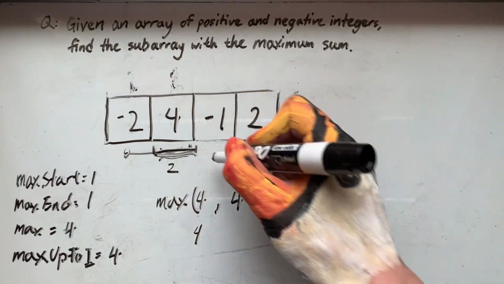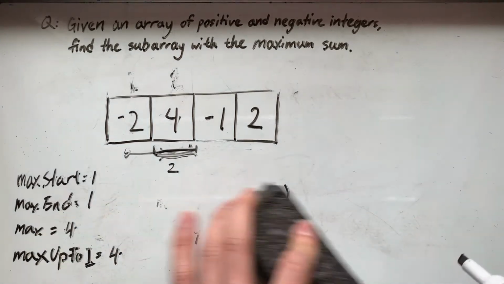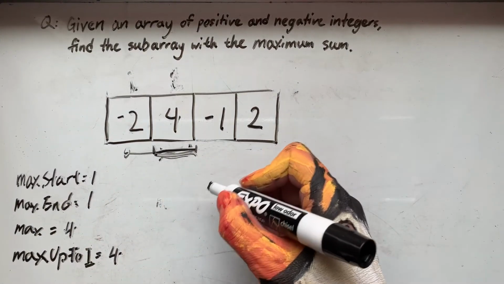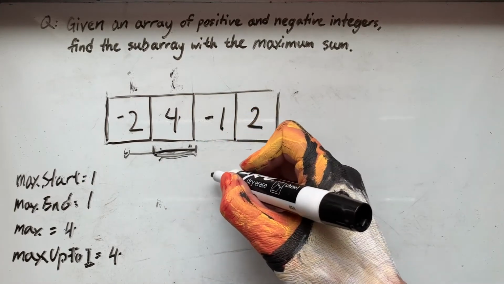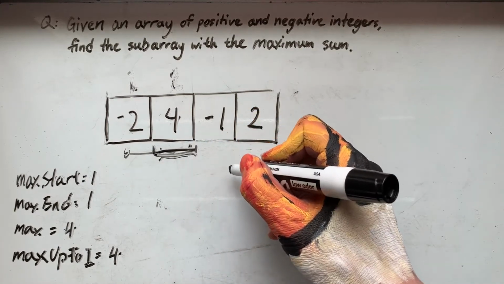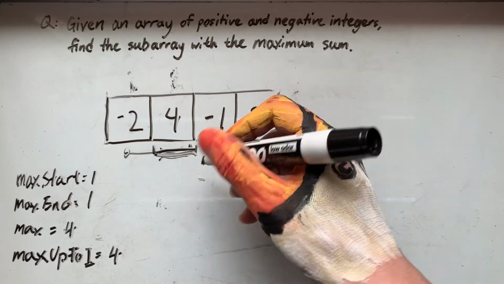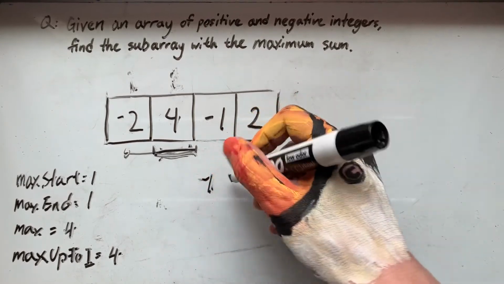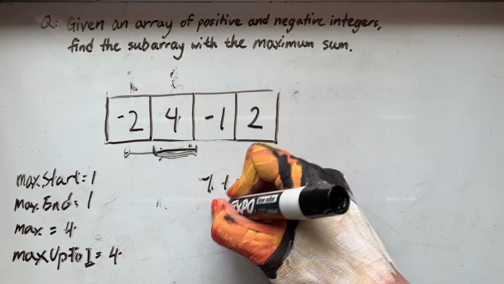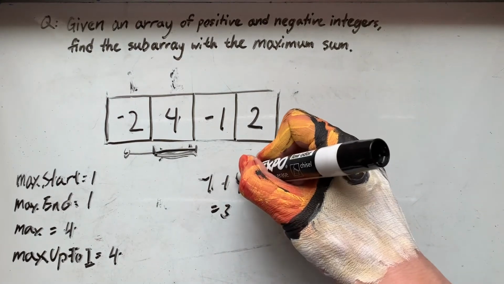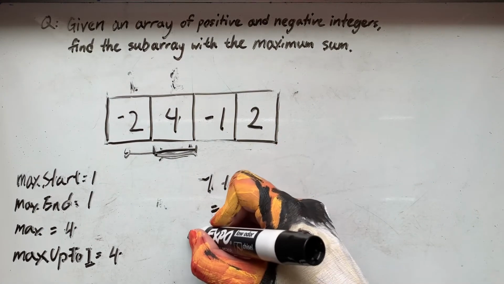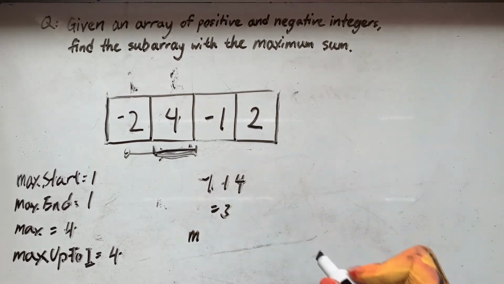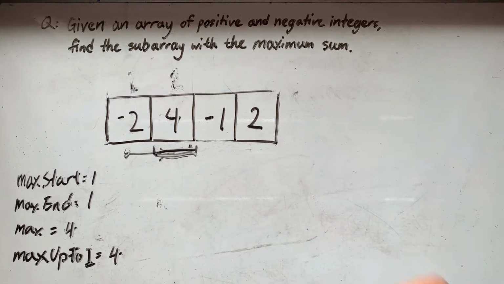The next element is minus 1, and 4 is bigger than minus 1, and minus 1 plus 4 is equal to 3, and you want to calculate the maximum.